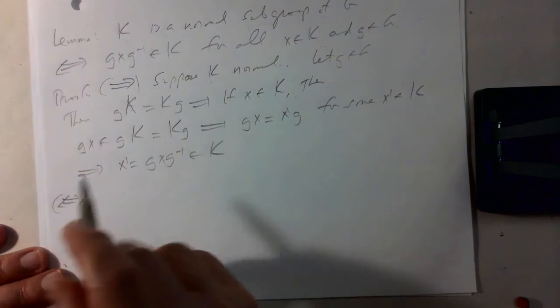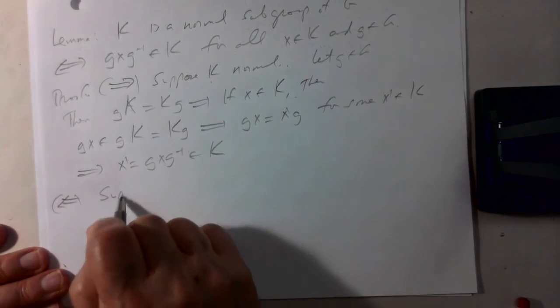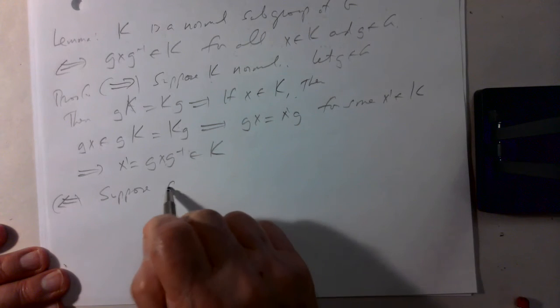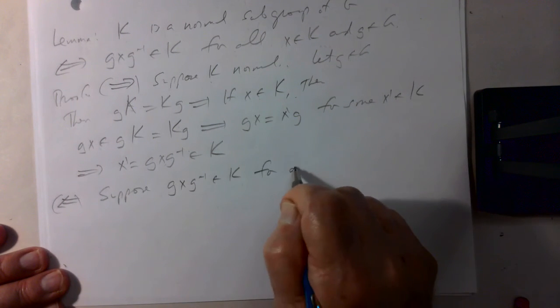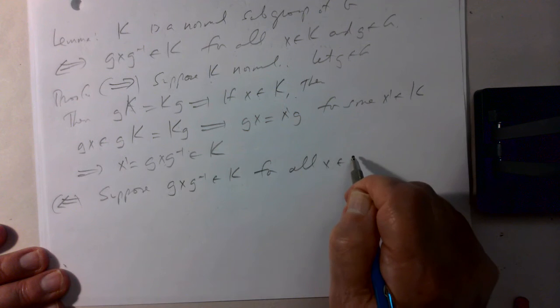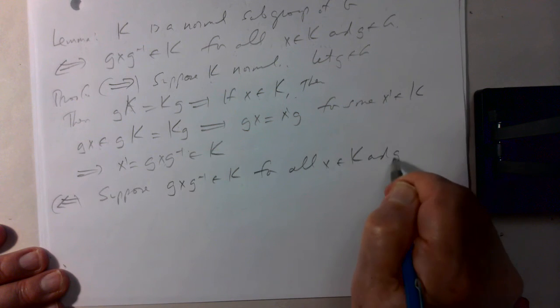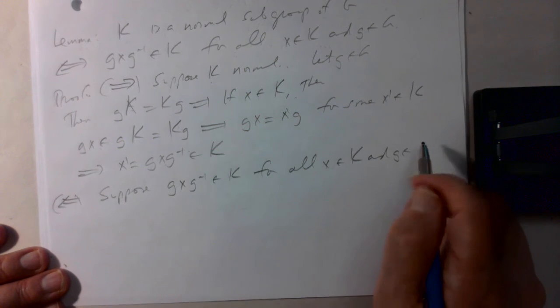What's the proof going from right to left? Suppose gxg inverse is in K for all x in K and g in the group.